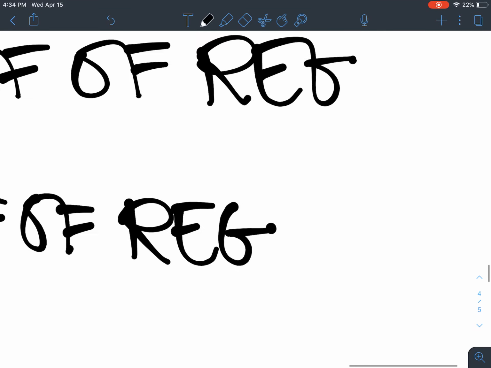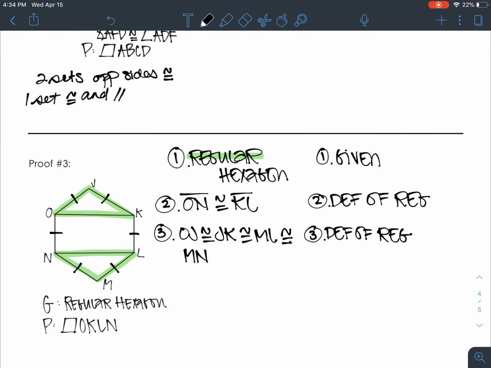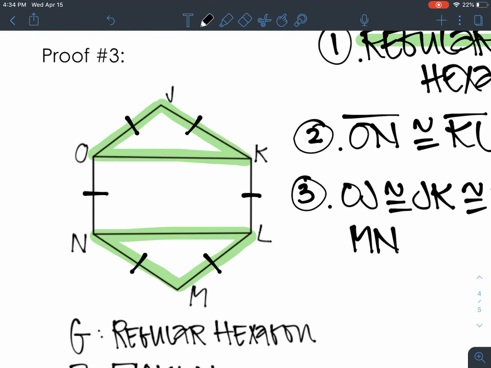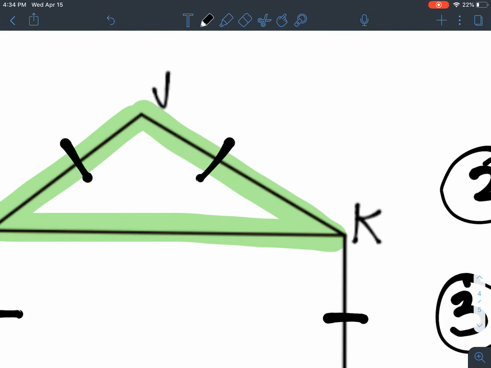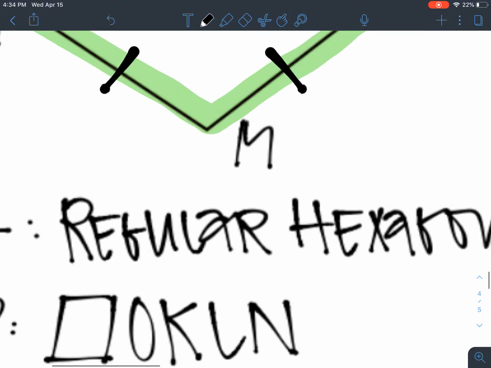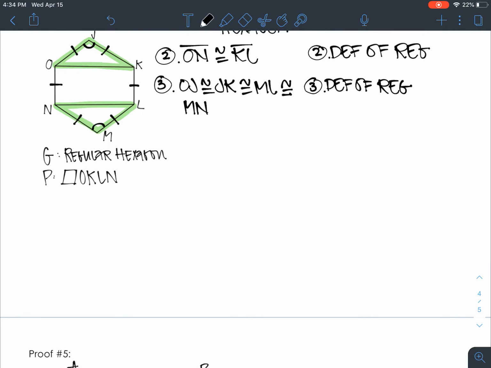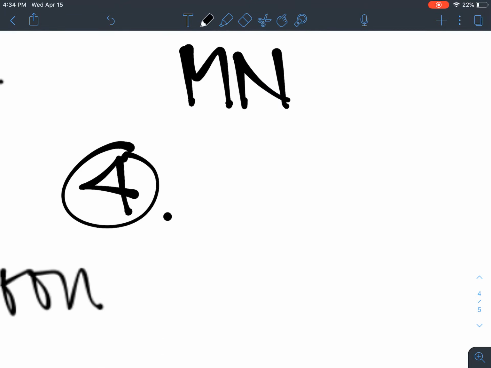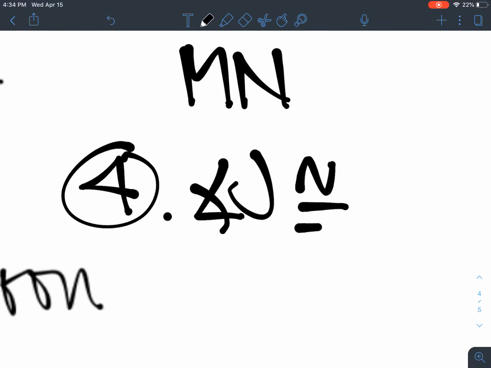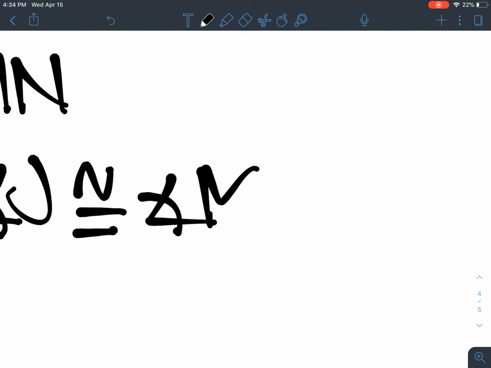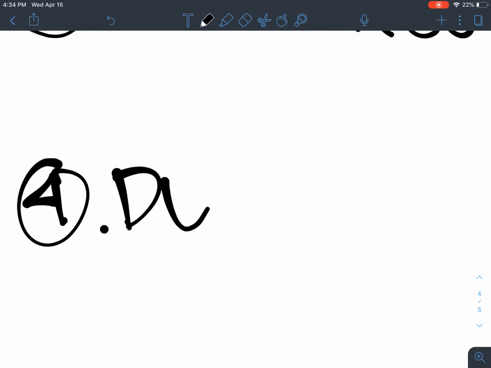Once again, we're trying to prove those 2 triangles to be congruent. So what is the other component of regular that I mentioned? Well, the other component is that it's equiangular, which means that all the angles are congruent, which means that angle J has to be congruent to angle M. And that's also, I told you we're using it a lot, by definition of regular.